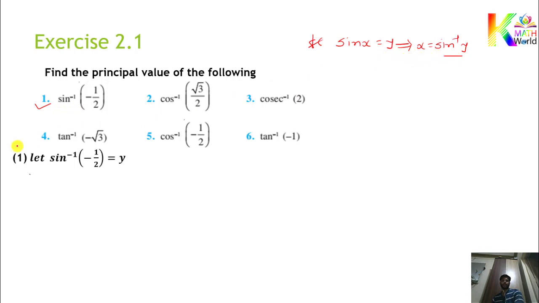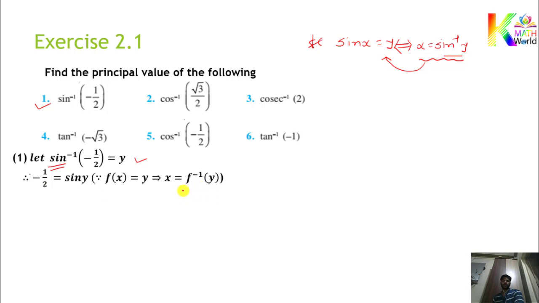So suppose we choose sine inverse of minus 1 by 2 as y. This format is given, so from this we can go to the other side also, and you can write a double implication. So if you remove this sine inverse, you can say minus 1 by 2 equals sin y.